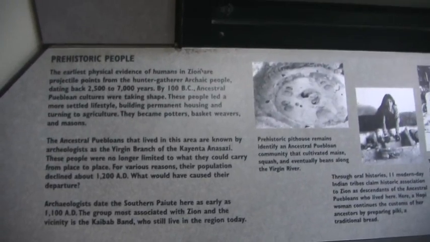Human history. Hunter-gatherer archaic people were here 2,500 to 7,000 years before now. By 100 BC, the Paleo people were taking shape.